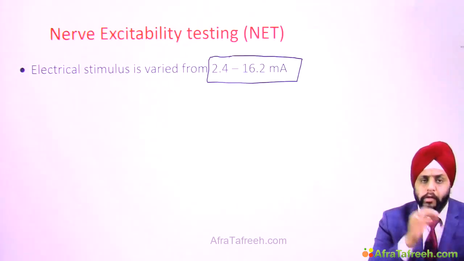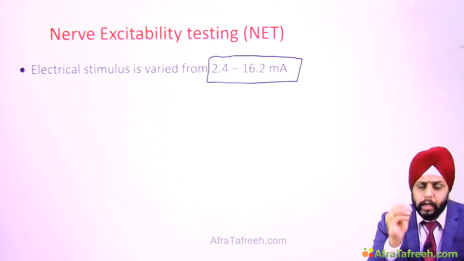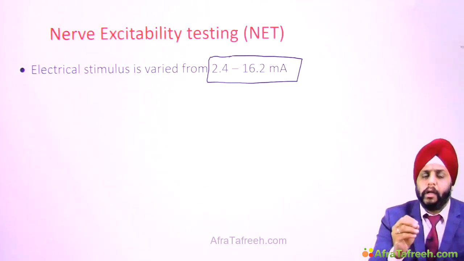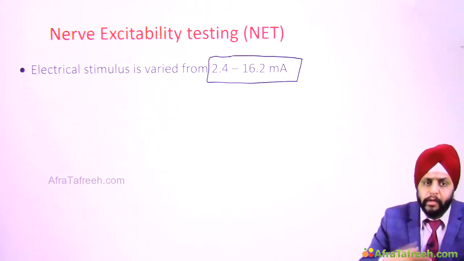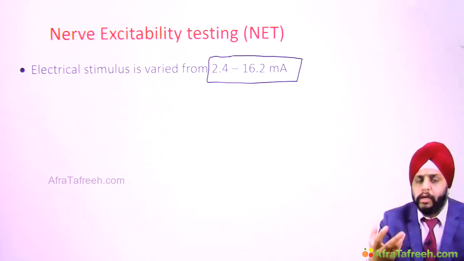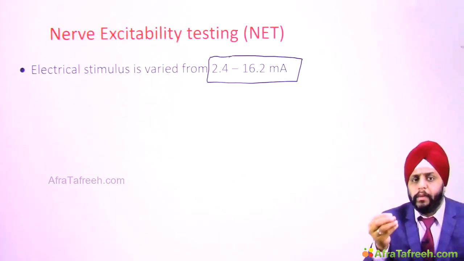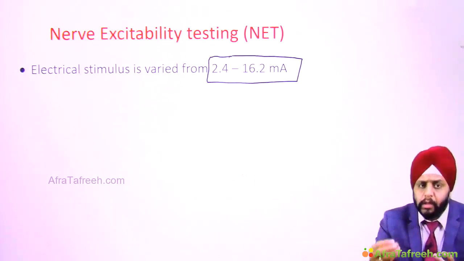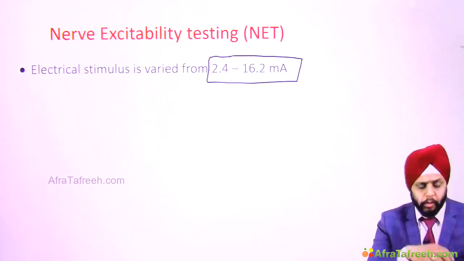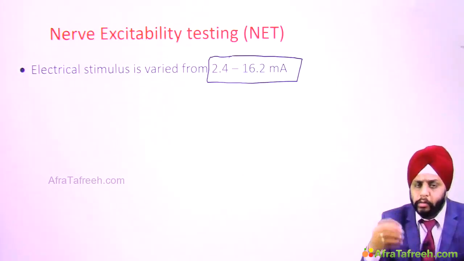You are trying to see how much minimum current you can give and still get some response in the muscle movement. So this is the minimum required current to create a response.